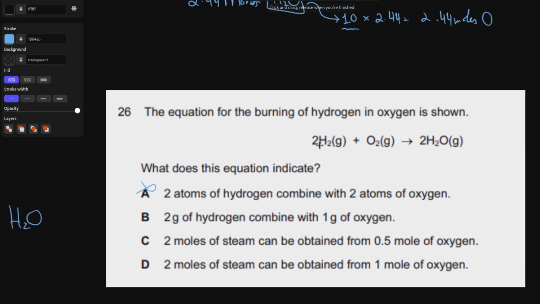Keep in mind that the equation is telling us the amount in moles and not the amount in mass. Our mass is dependent on the amount of moles it has.